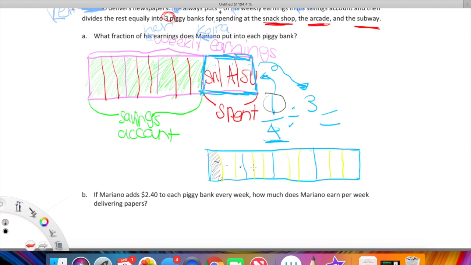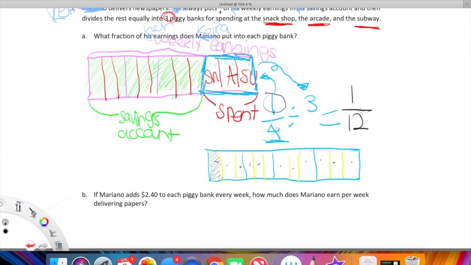This is like what we did yesterday, except it's equal to a fraction. So this is 1, 2, 3, 4, 5, 6, 7, 8, 9, 10, 11, 12. So that's 12. So then 1 out of 12 boxes is equal to 1/12.